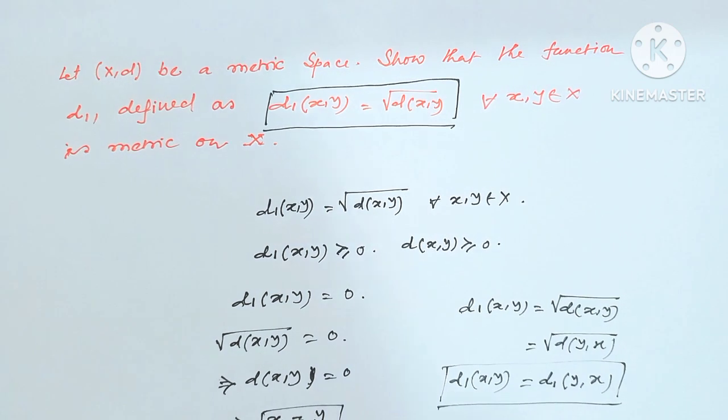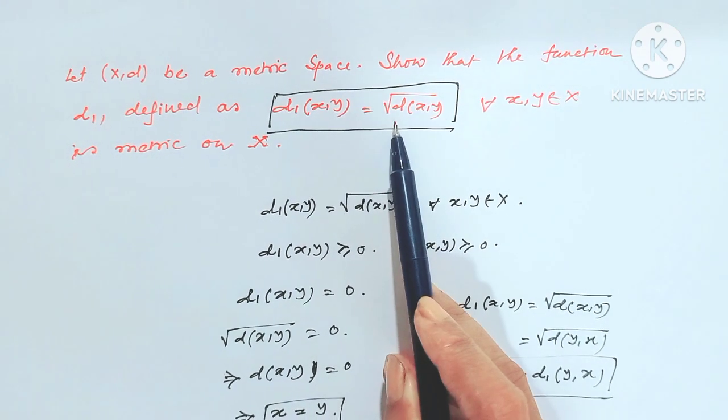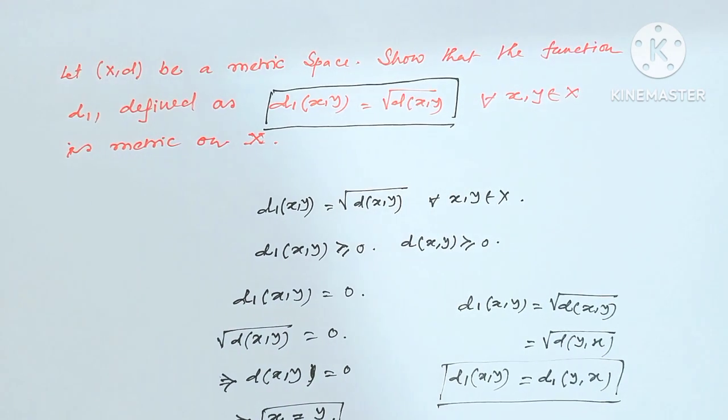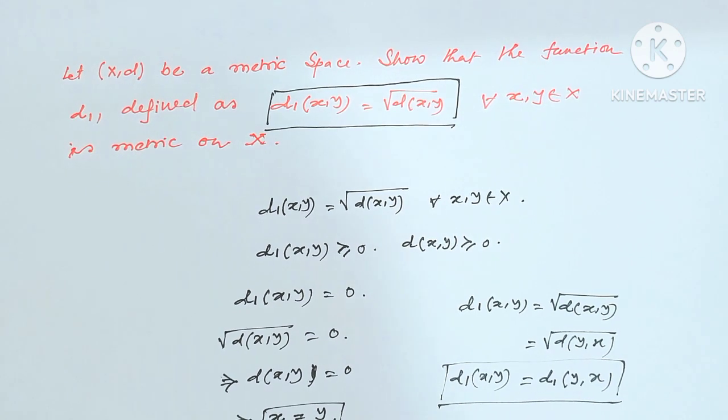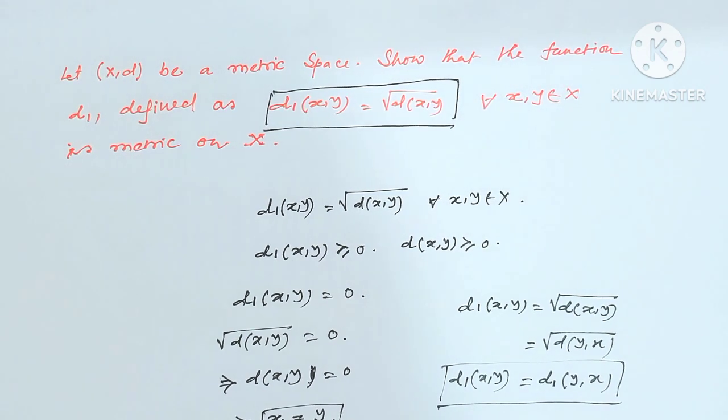Therefore d1, defined as the square root of d(x,y), is a metric. I hope all my viewers have understood this clearly.